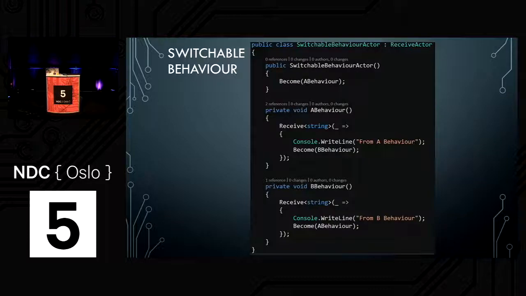So if you, for example, connect to something, but then you want to go back into the disconnected state, then you could say become stacked and then in the connected state, and then if it somehow disconnects, you could just say become unstacked, and then it will go back to the previous state, so that you don't have to keep track yourself of what state you were in before. If you want, you can just pop that onto the behavior stack, and then use that to navigate backwards and forwards. And we use that quite a lot in the simulator, and it's been very, very useful.